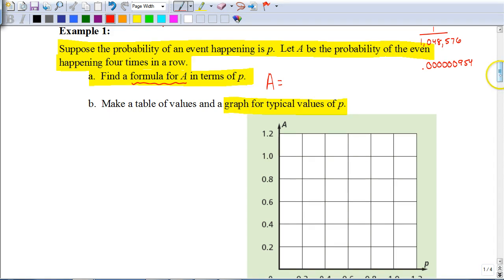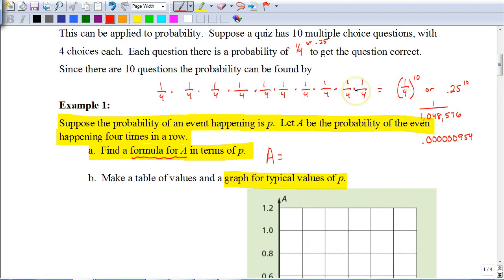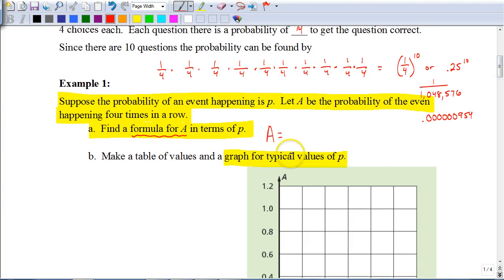Now in the example that we looked at a minute ago, we knew that there's a 1 in 4 chance of us getting each question correct. Well, this is leaving it up to argument as far as P could be any probability, not just a 1 in 4 chance. So we're just going to use P to represent the probability of the event happening. We want to figure out what the graph would look like if we want to figure out the probability of it happening 4 times in a row, so it'd be to the 4th power.